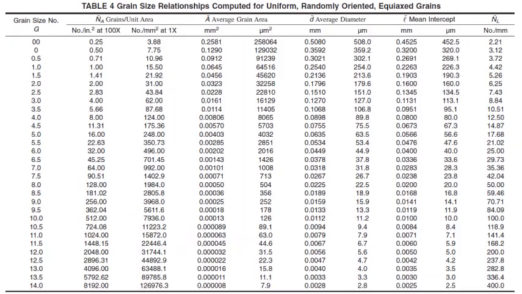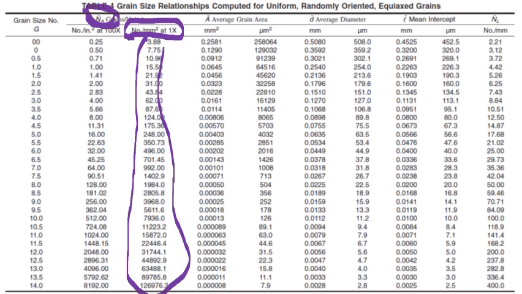This is table 4 from ASTM E112, where you can use your NA value that you obtained here. Most likely you're using number of grains per millimeter squared, and you calculated something similar to one of these values in this column, and then use that to estimate the G value.